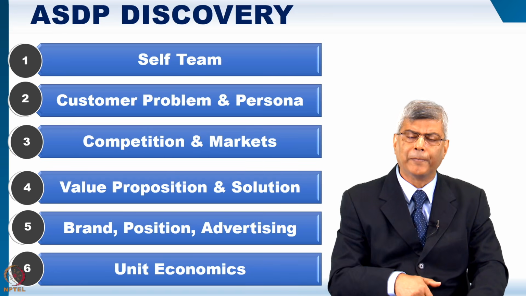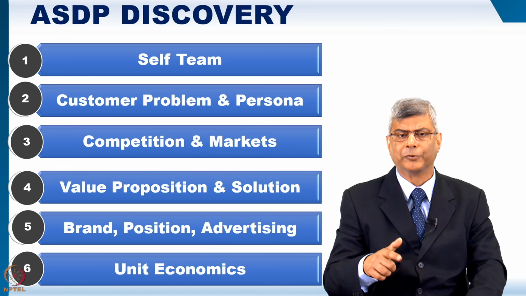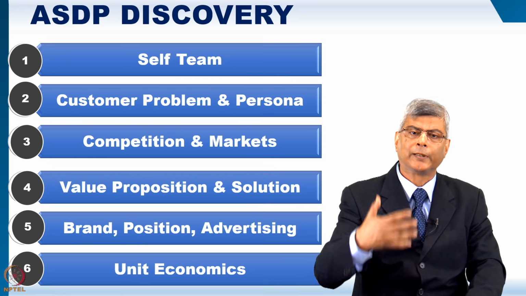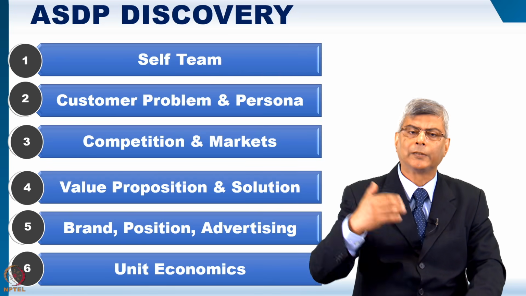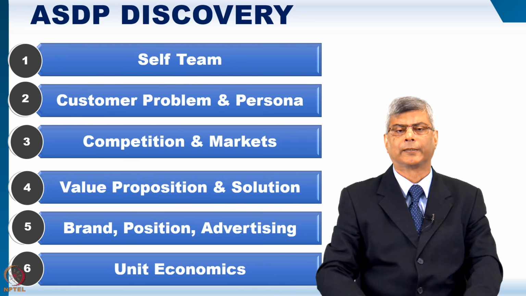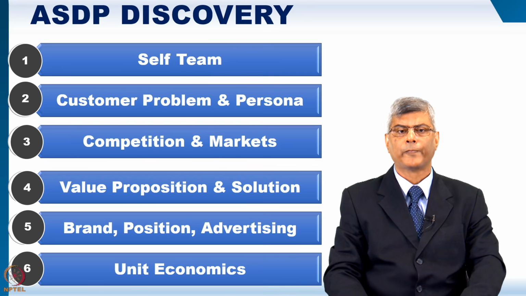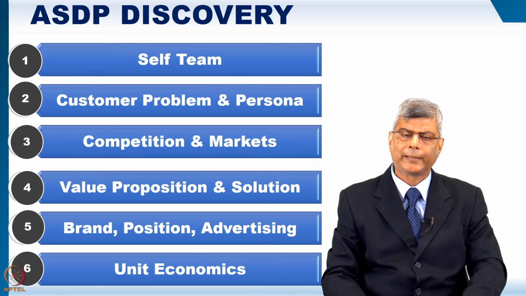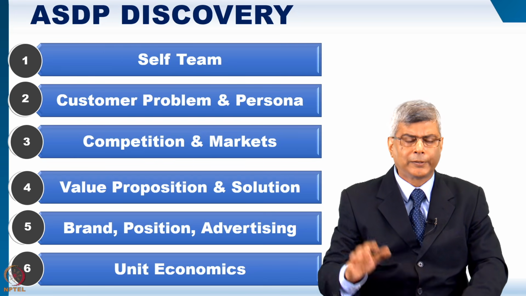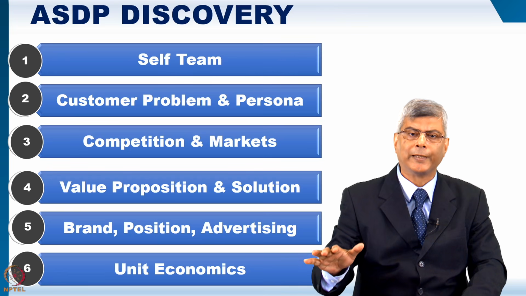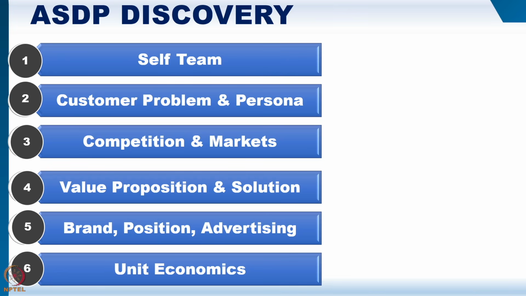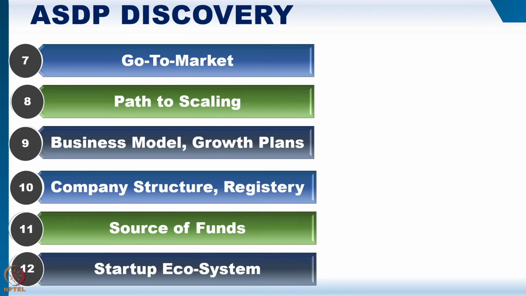It's not enough to just get revenues. You have to make money, if not in the first year, the second year, or the third year, then at least the fourth, fifth, or sixth year. Long term, you have to make money. So these are the first six stages. And you'll see later on how discipline innovation helps you do all of these in a very structured, systematic way.